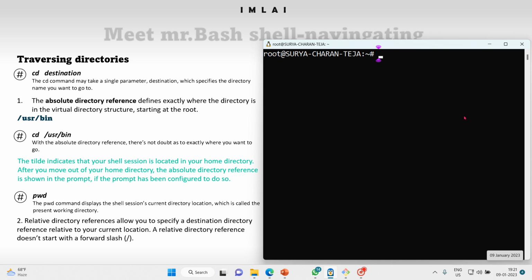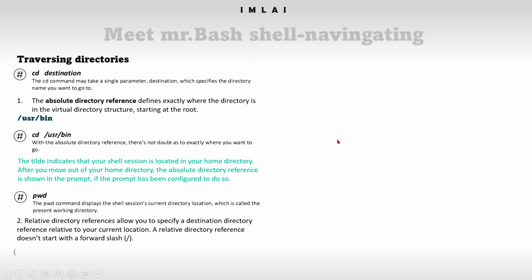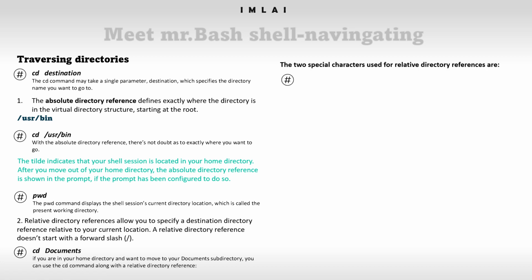Before we do a few more exercises, let's look into a few more commands and arguments. The next thing for us is dot, the two special characters used for relative directory references. These are not used in absolute directory references. Why? Because in an absolute directory reference you give the full address, the full location of where you are or where you have to go or what you have to read there.